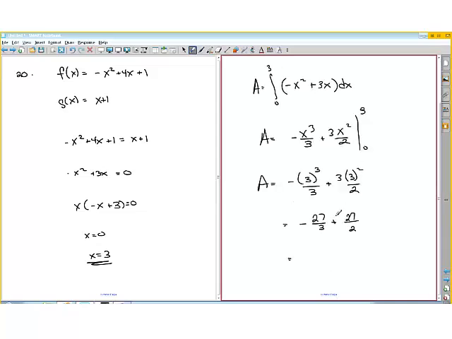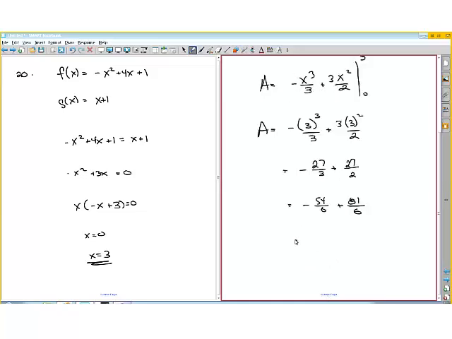And if we put it in terms of 6, we need to multiply this by 2, so we have negative 54 sixths, and we have to multiply this by 3 to get 6 in the denominator. So that 3 times 27 is 81. So the answer is 81 minus 54, which is how much?